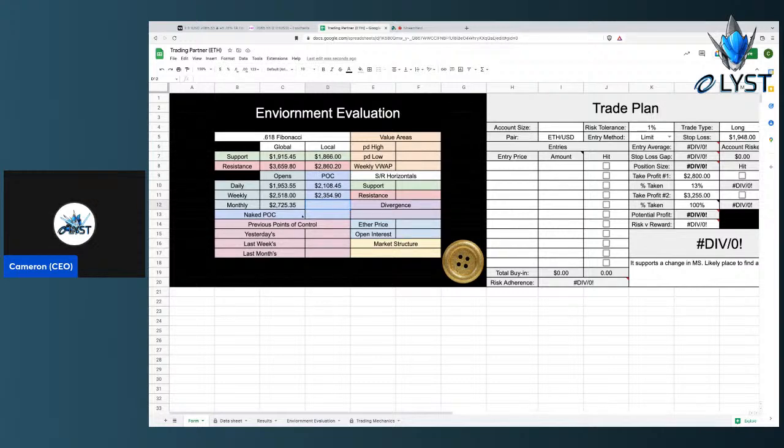This is important just so we can go through, but we'll get the points of control. We'll do any naked points of control, previous points of control as far as yesterday's, last week's, last month's, right? And then we'll do value area highs and big horizontal supports, divergences, ether, open interest, and market structure. And then this is going to give us a really good understanding of the trades that we should be looking at and maybe our bias, right?